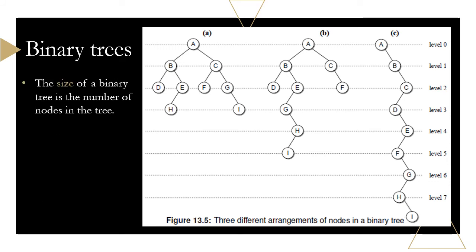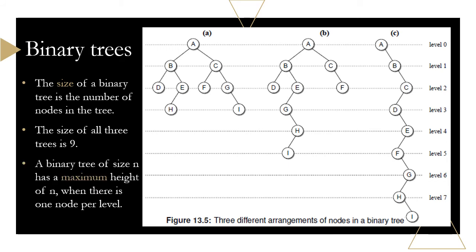The size of a binary tree is the number of nodes in the tree. The size of all three trees shown here is 9. A binary tree of size n has a maximum height of n when there is one node per level. Can you see any such tree here?